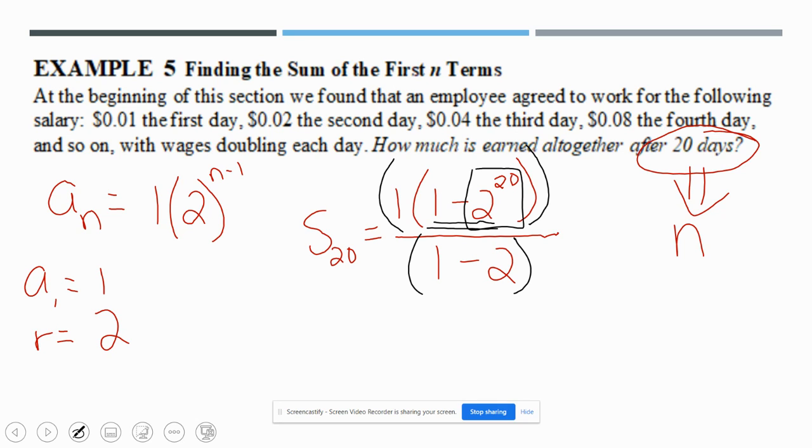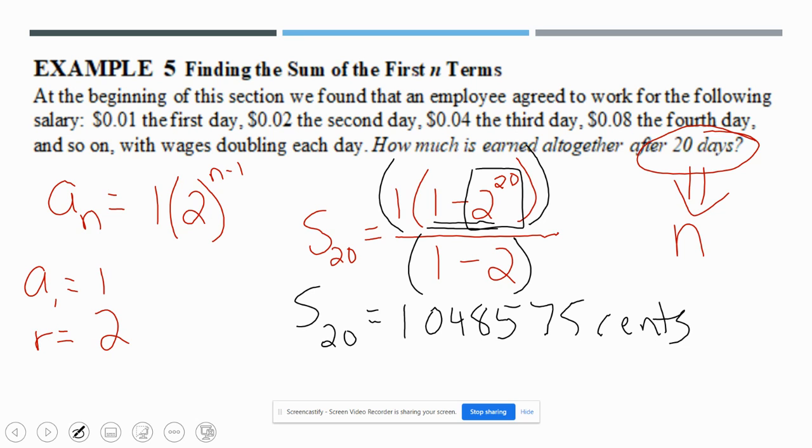So when I type all of this into my calculator, it gives us an answer of 1,048,575 cents. Remember, all of these are in pennies. If I look at all this stuff up here, it's all in pennies.